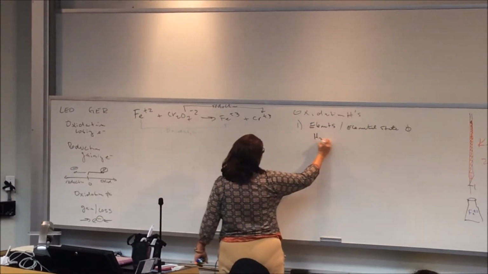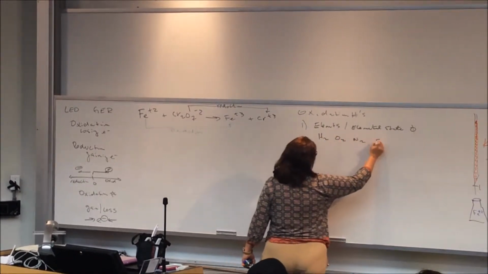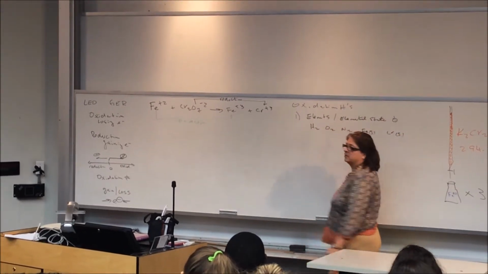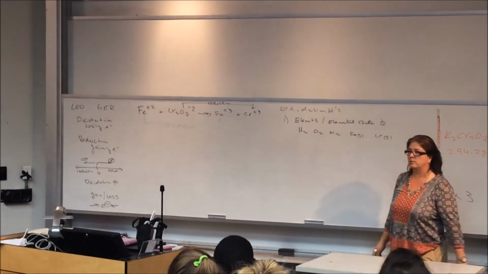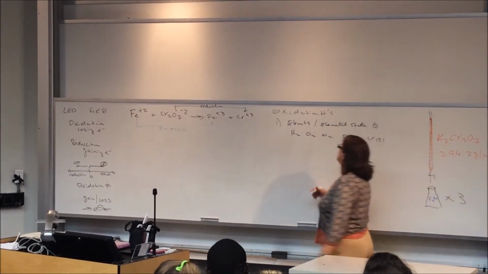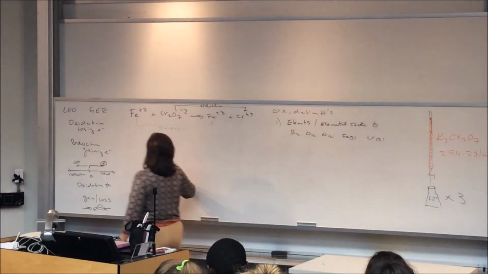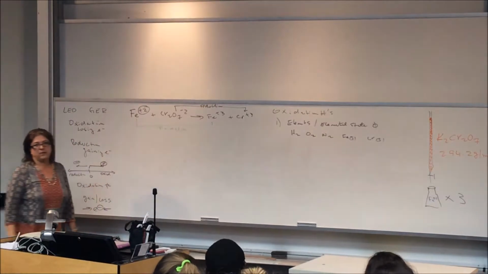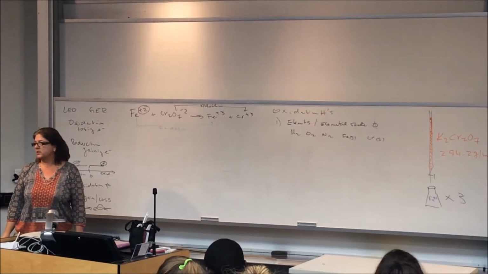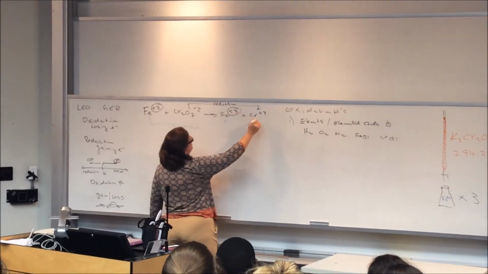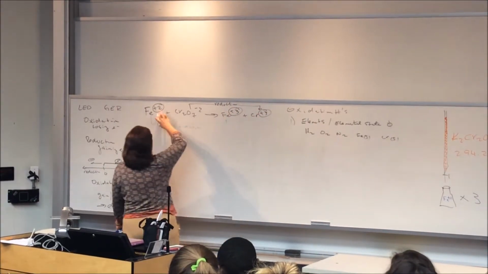So things like H2, O2, N2, Fe solid, chromium solid, oxidation state 0. Are we comfortable with that? So ions have their oxidation number, they wear it in the upper right hand corner. So this guy is a +3, that guy is a +3, that guy is a +2.